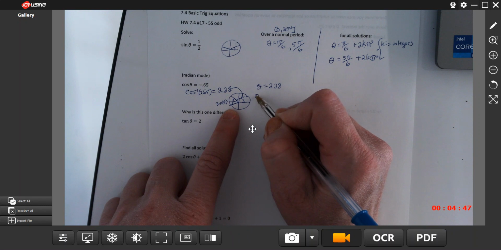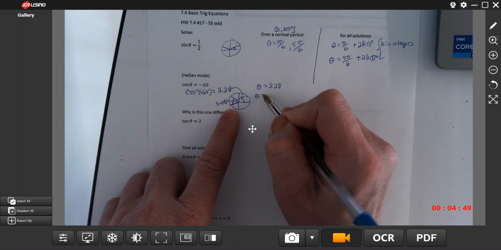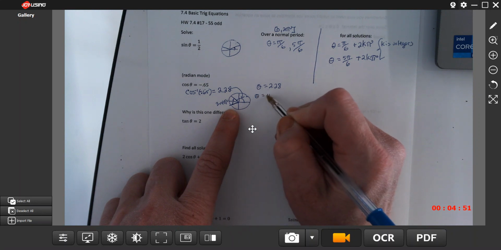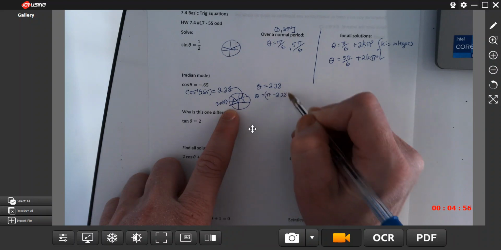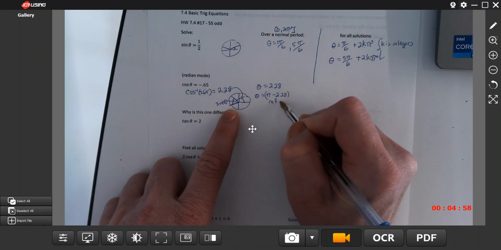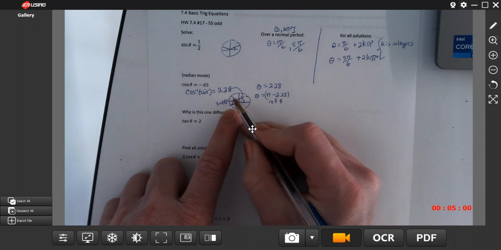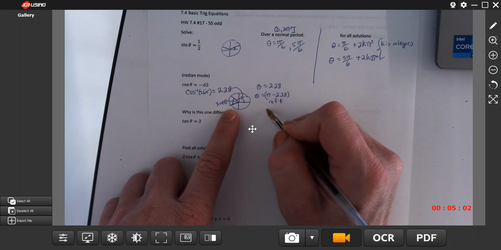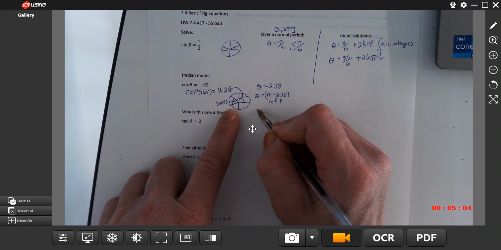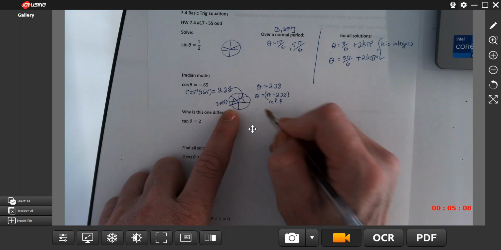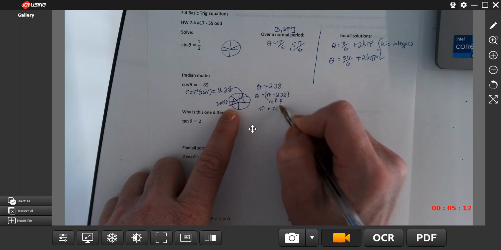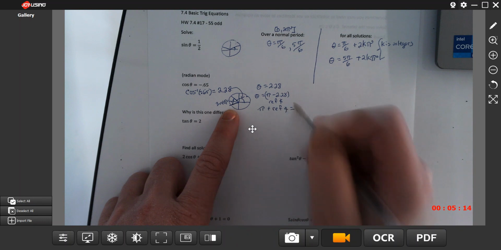To find the other angle, I'm going to do pi minus 2.28, and that'll give me my reference angle. Right? That would give me this. And then I take pi and add the reference angle. So pi plus the reference angle that I just calculated.